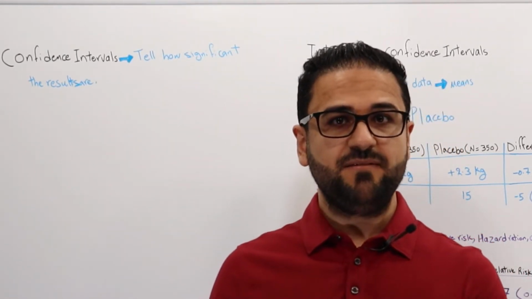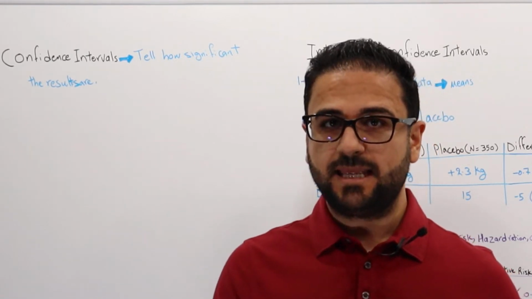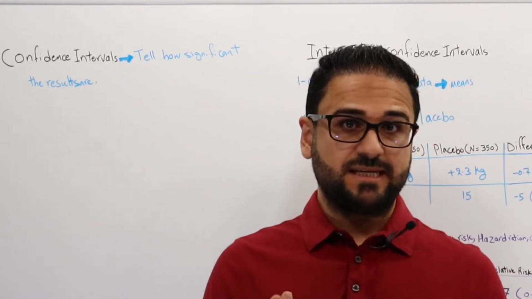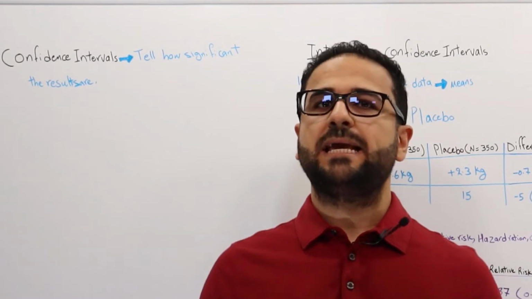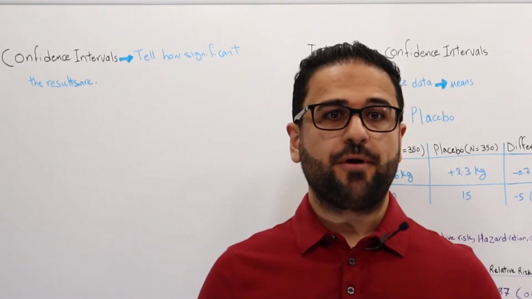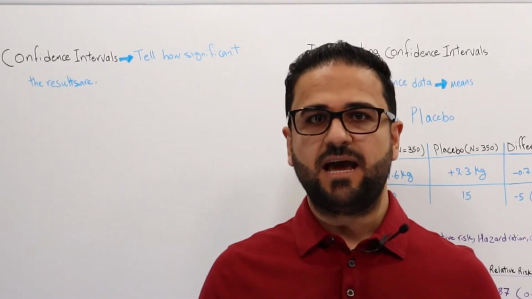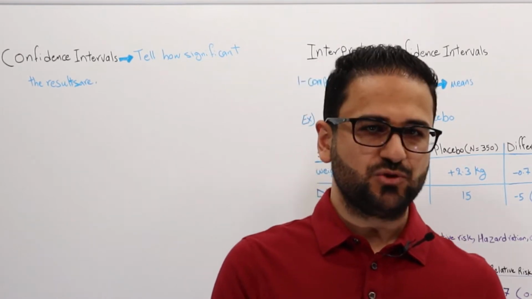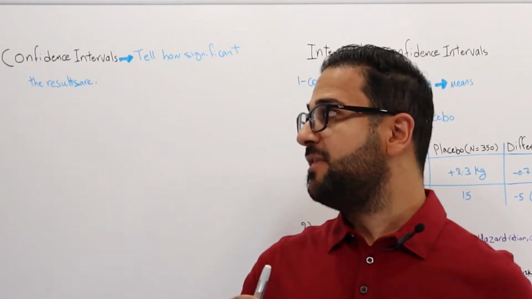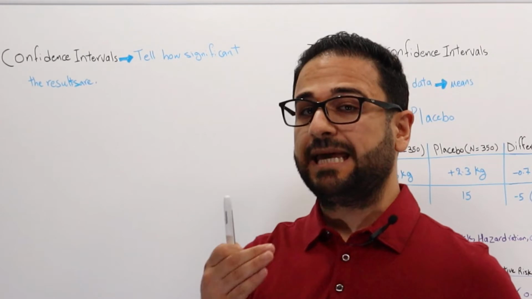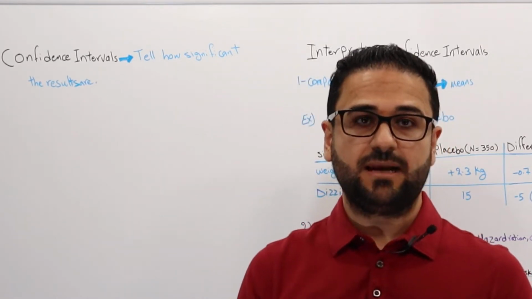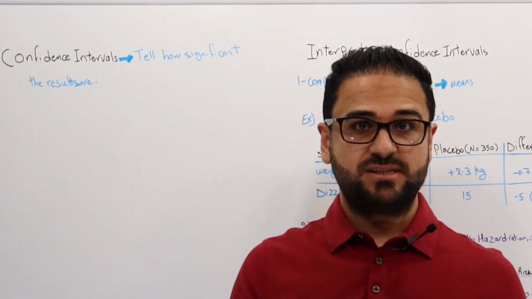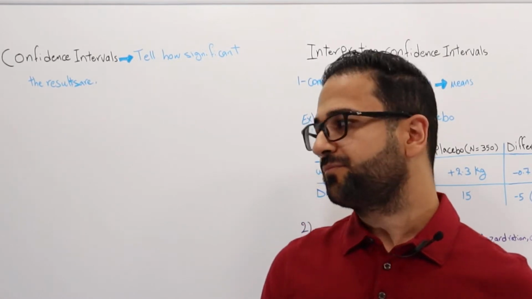And by comparing the p-value to alpha, we can tell if the results are significant. But let's say you're taking an examination or you come across a study that doesn't have a p-value. Usually they do, but let's say there is not. Then the confidence interval can be used to interpret the data and see if the results are actually significant.